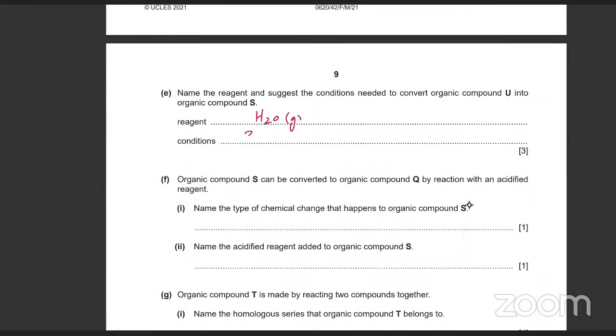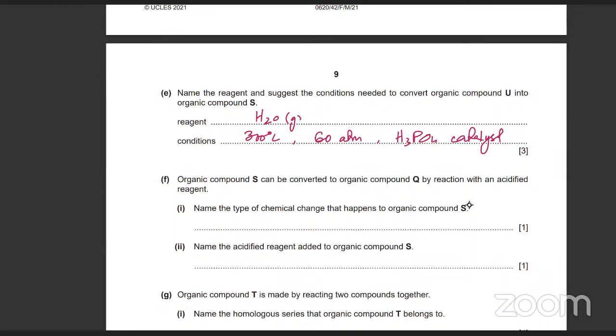Conditions क्या होती है? 300 degrees centigrade and 60 atm pressure. And you need a catalyst as well, like phosphoric acid. ठीक है, clear है? Yes.